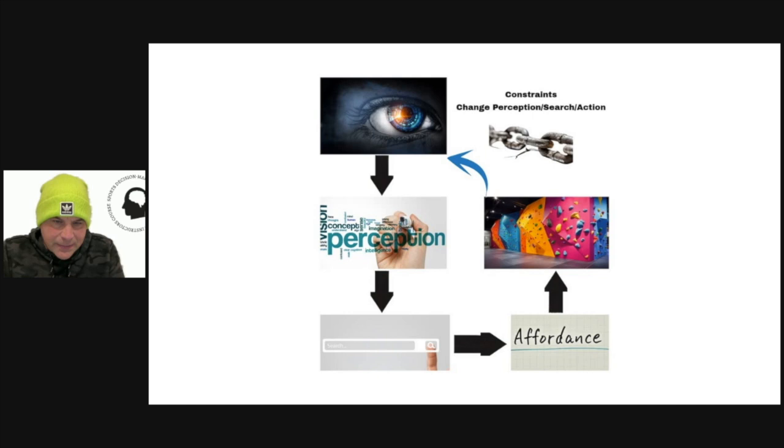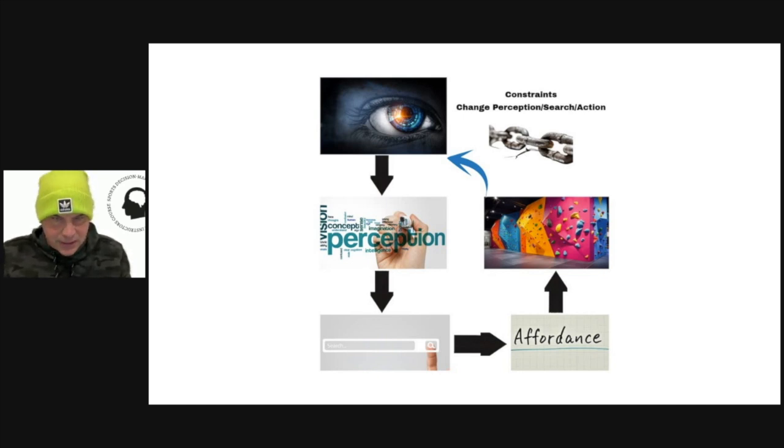Now, the athlete is going to search for opportunities for action. Based on what their abilities are, that is going to direct their search. We're also going to ask, what are the players attuned to? So the information is there, but are they looking in the right spot?